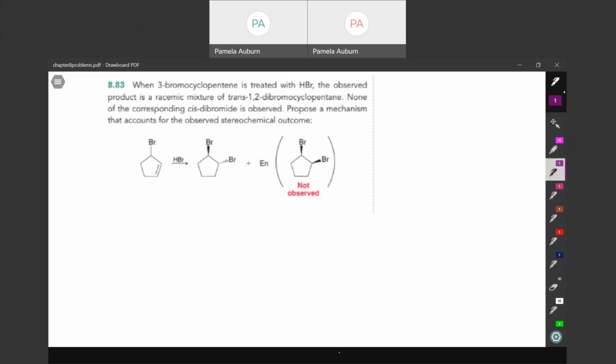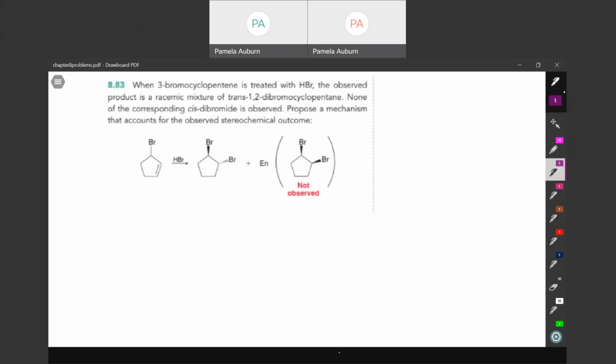So in order to get the trans bromide, I had to have been adding something to a double bond. So how did that work? And I must be somehow, yeah, I added it to a double bond.